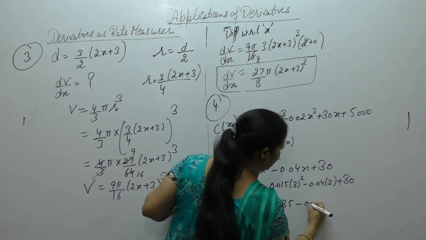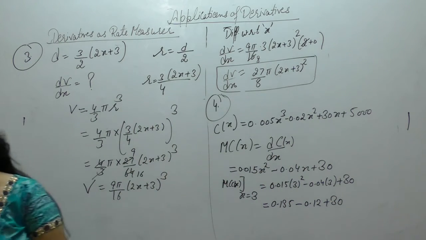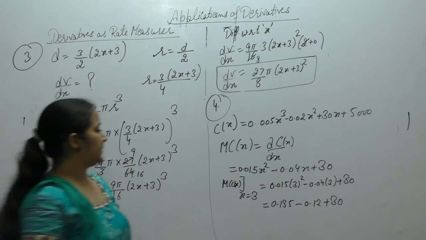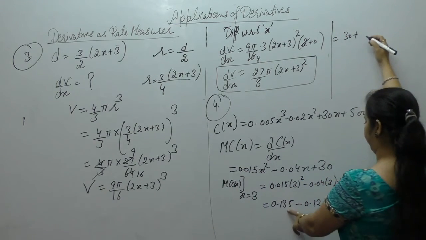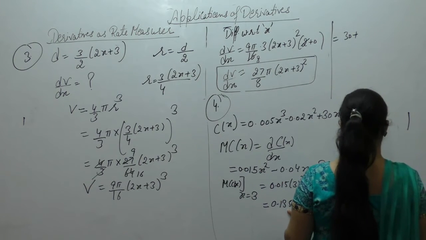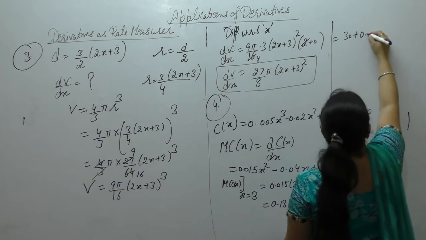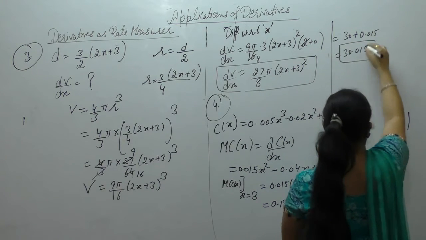Minus 4 into 3, 12, plus 30. So what we get? 30.135 minus 0.12, 0.015. So we get 30.015.